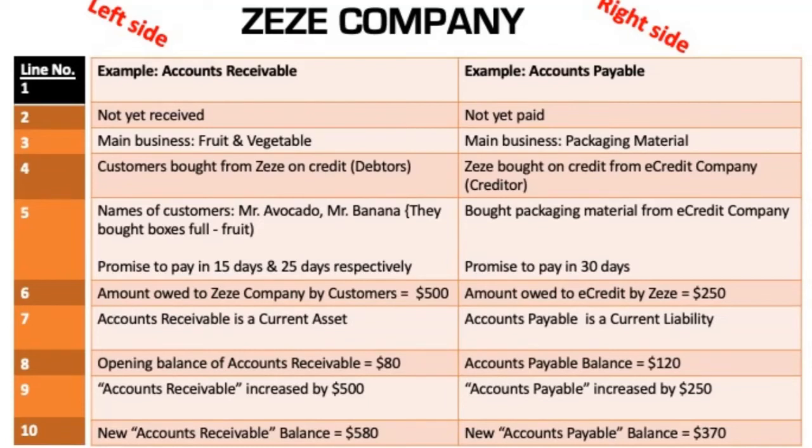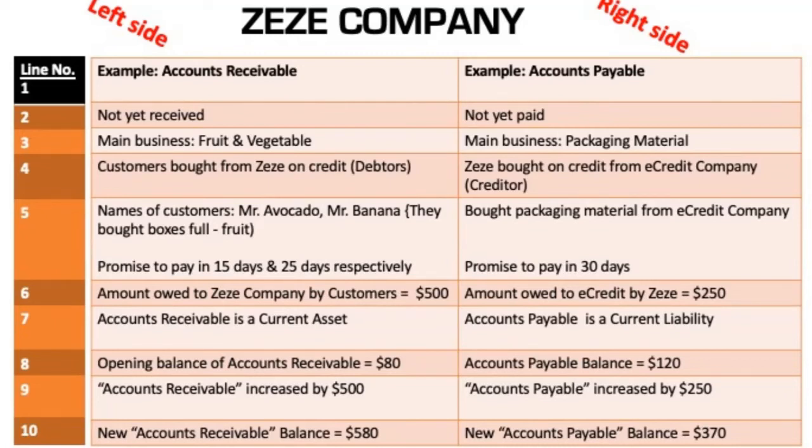Can I get this packaging material on credit? Because today we don't have money, but we can buy on credit and we'll pay you in 30 days. Acceptable. And e-credit company says, okay, fine. You will pay in 30 days. So I, as e-credit company, will be getting my money from you, Zeze company, in 30 days. Agree? Yes.